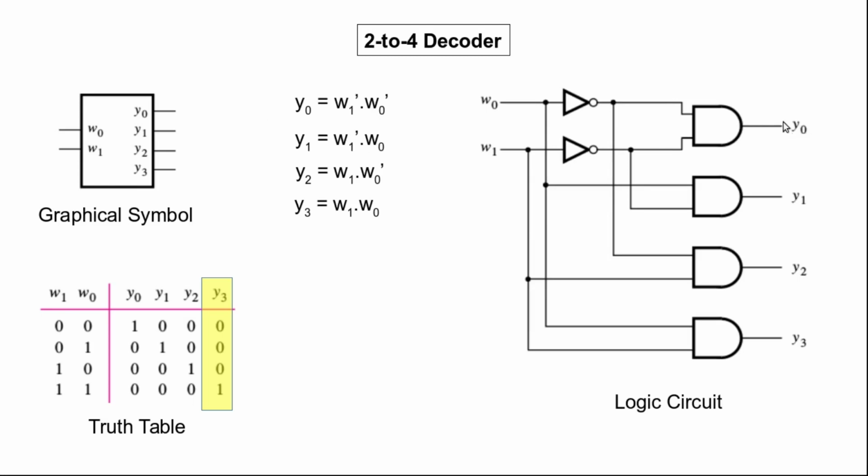And as you can see, we are calculating Y0 as the AND of W0 prime and W1 prime, and we are calculating Y1 as the AND of W0 and W1 prime. So this is the logic circuit for the 2 to 4 decoder.